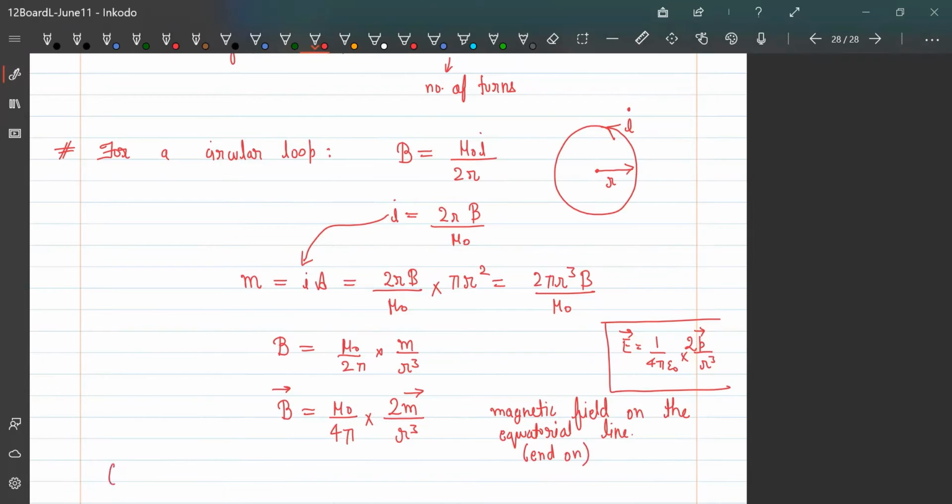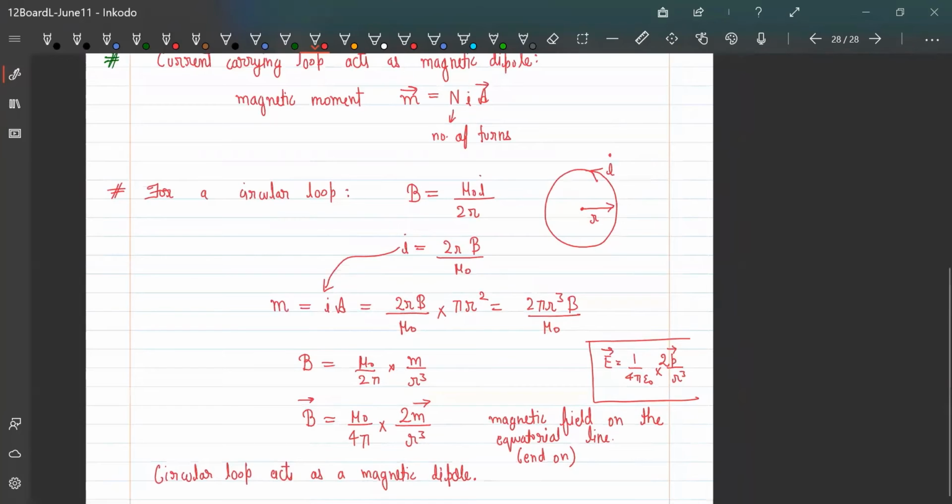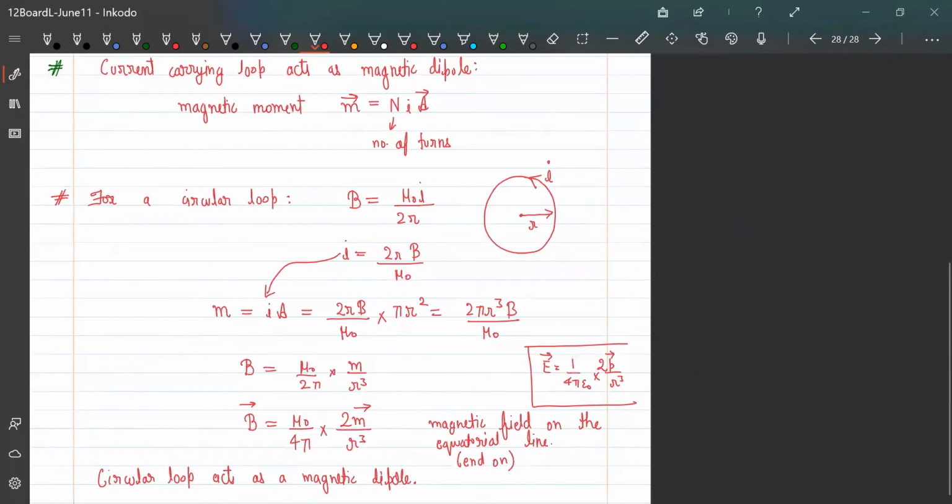So this proves that a circular loop acts as a magnetic dipole because of the analogy. Note this down.